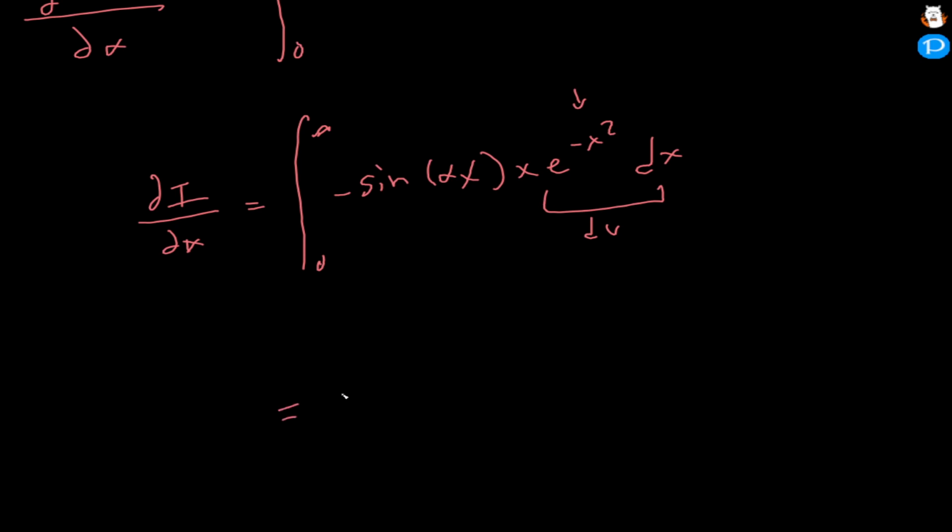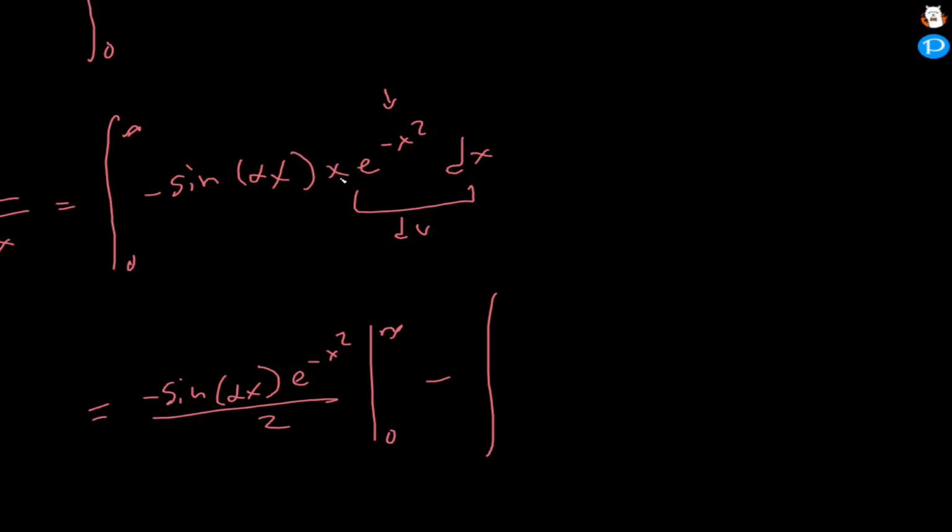So what we'll do is we're going to say, great. We'll have the minus sign here with this minus e to the minus x squared over 2 evaluated at the bounds, plus the integral of the derivative of this part, which will now become positive, which will just be cosine x e to the minus x squared over 2 dx.